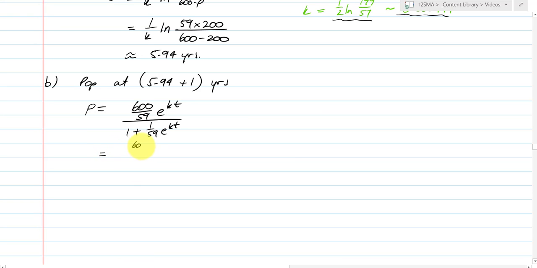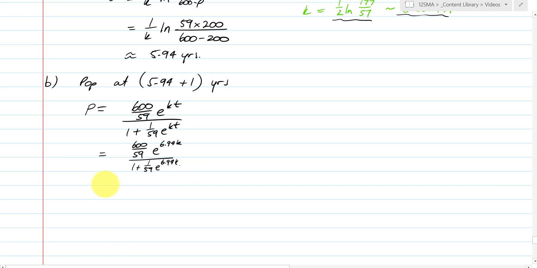So I get 600. I'm going to write the decimal form, but I'm using the answer on my calculator. So 6.94 times k, being that other crazy number, 59 e to the 6.94 k.